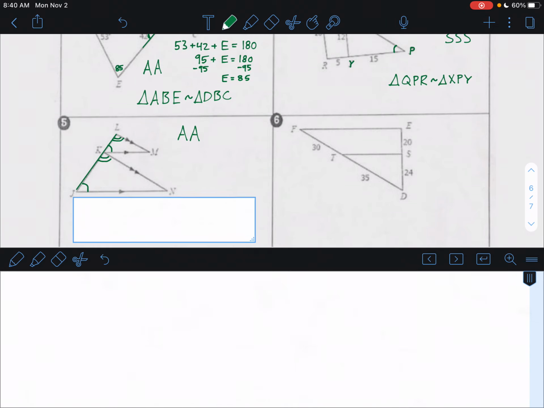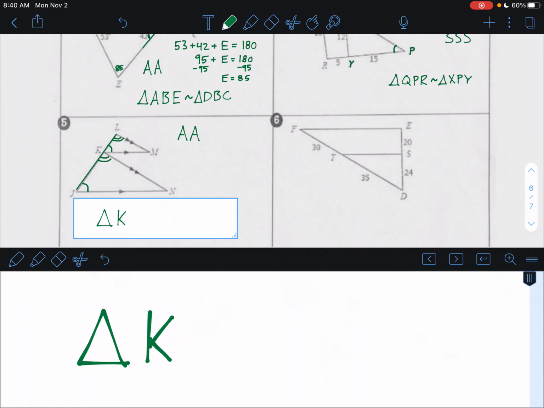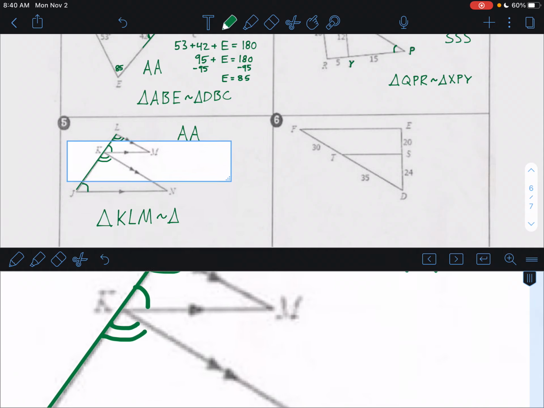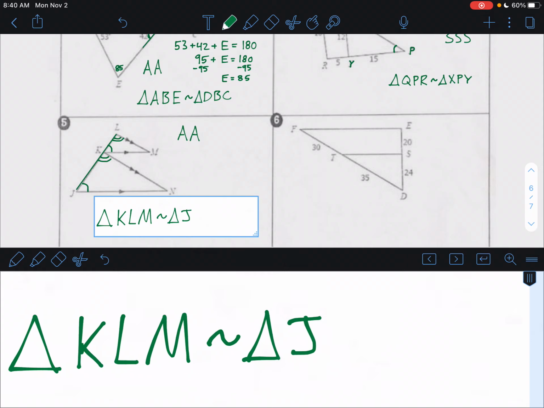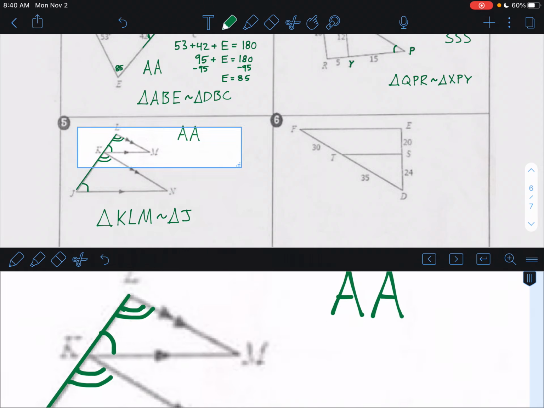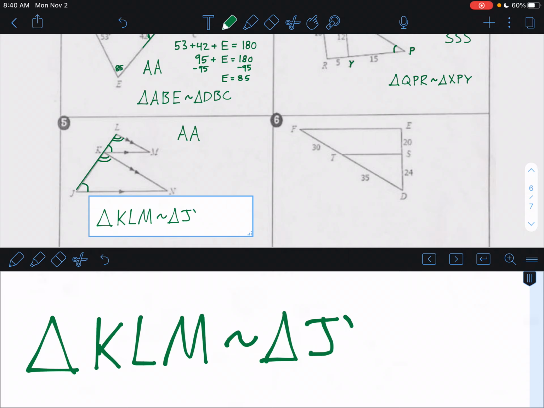And my similarity statement, let's see, I will say triangle KLM is similar to triangle, well, K had one congruence marking, so does J. L had two congruence markings, so does K. And then the last point would be N. So KLM is similar to JKN.